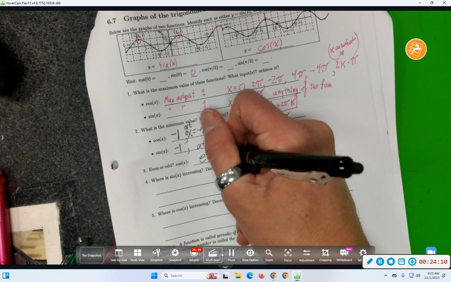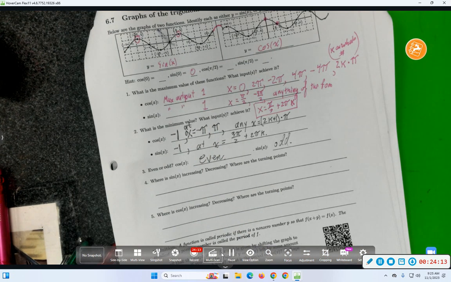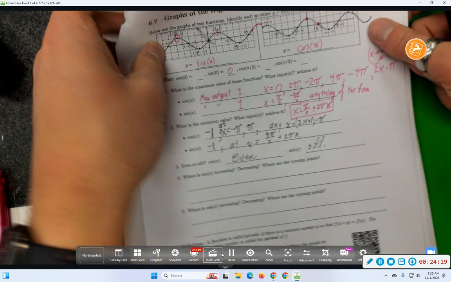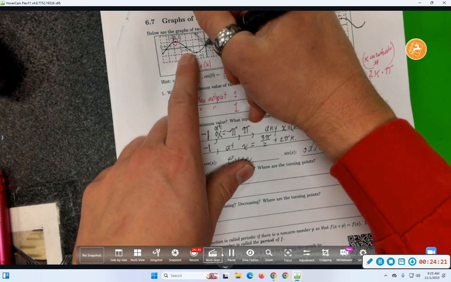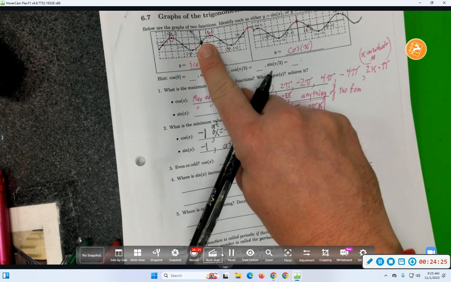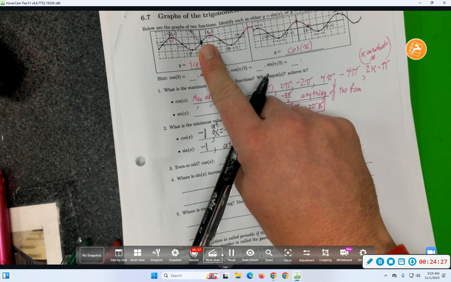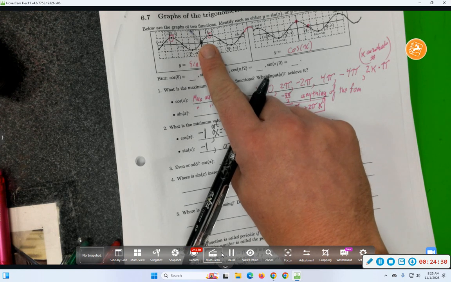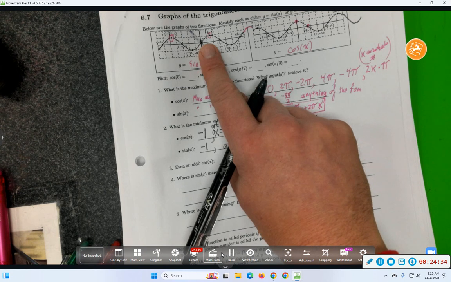This function is even. Could we figure out where these things are increasing and decreasing? Yeah, let's stare at the graph until we do it. Let's start at 0, and let's start with sine, because it's the first one. At x equals 0, does this thing appear to be increasing or decreasing? Increasing? Y values are going up.